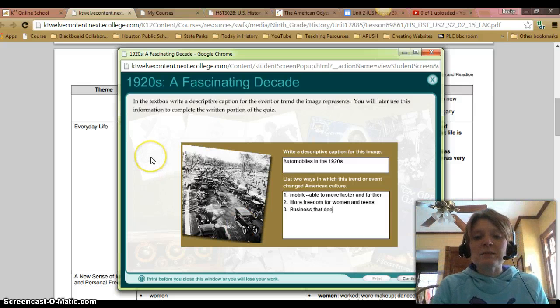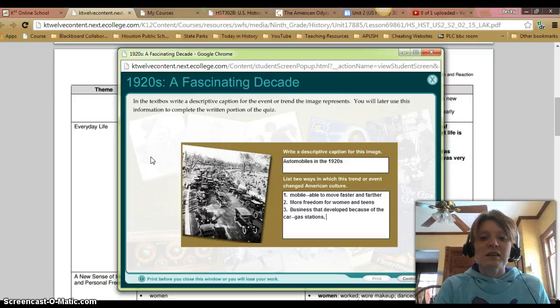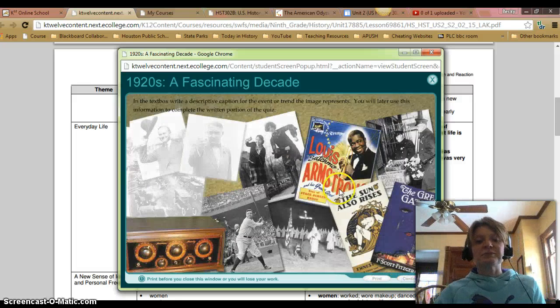Businesses that developed because of the car: gas stations, repair shops, building better roads. I also talk about the assembly line because that really impacted other businesses and factories as well.